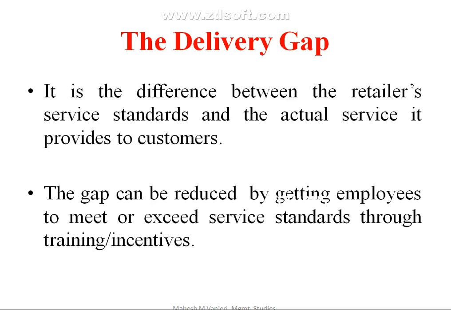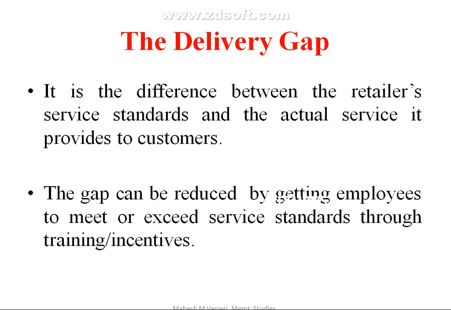It is the difference between the retailer service standards. So, in my example, what is the standard delivery time? 5 to 7 days, and the actual service it provided, the delivery is actually made on the 10th day. Then a delivery gap is created. Very simple examples also in day to day life. I give ready-made apparels for laundry, usually in the morning I give and I pick them up in the evening.